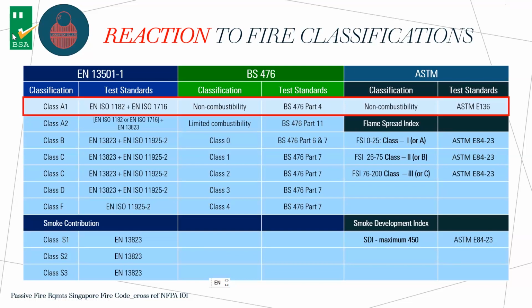So you have the EN standard, the British standard, and the ASTM standard. The highest performance is that the material reacts to fire by being unable to combust. So it's non-combustible. Again, this is only confined to the material alone. It doesn't tell you whether this material can stand there, become a wall, and stand there for the duration of the fire.